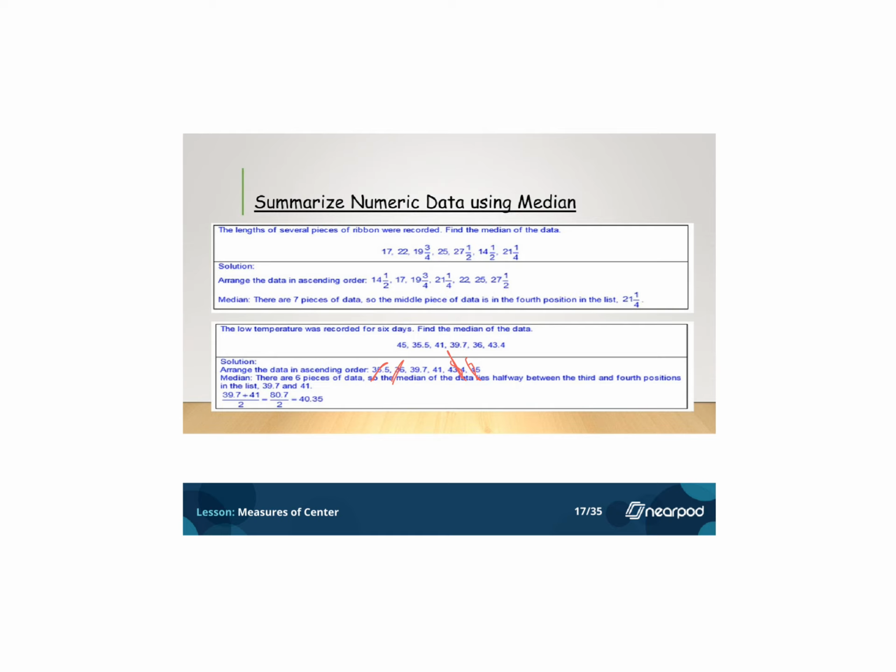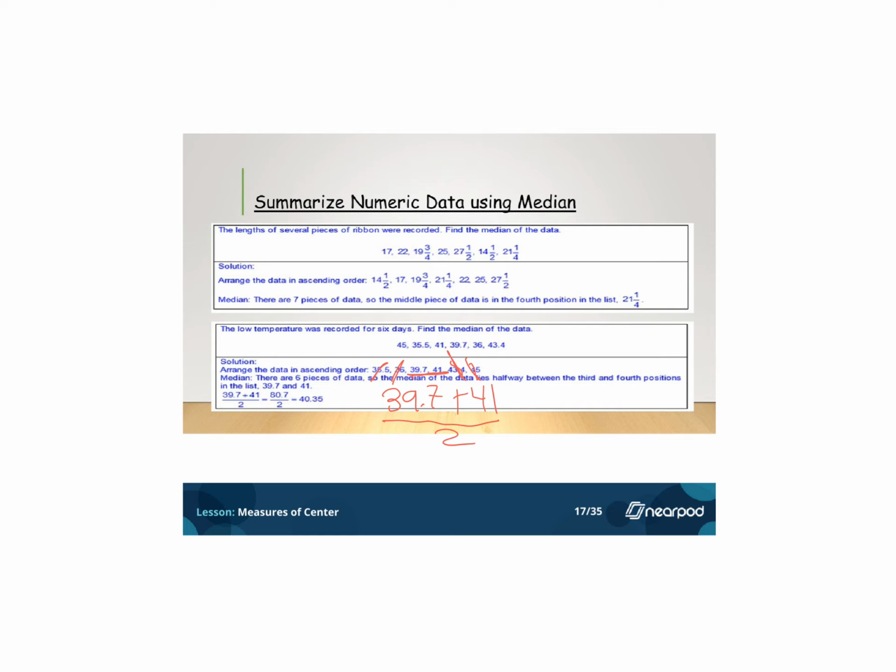But wait, I cannot just cross out those two. If I do, do I have a number in the middle? No. So I'm going to go back, take those off. The two numbers you have in the middle that are left over, you're going to add them. So 39.7 plus 41. Then you're going to divide by 2. Why by 2? Because how many numbers did we have left over? 2.